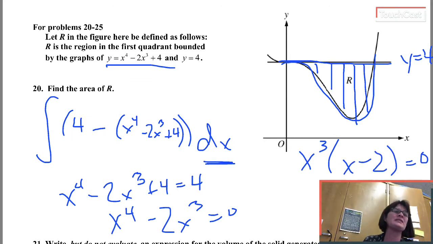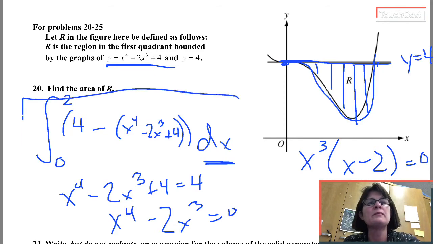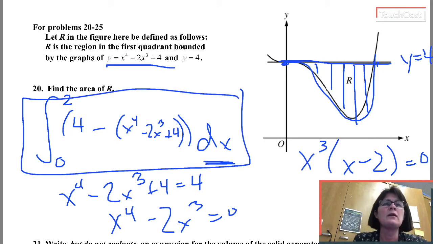That tells me x equals either 0 or 2, which matches up with my picture. So I'm going to integrate from 0 to 2. Here, not always, but I'm going to guess that they might ask you to actually integrate here. So I would simplify inside this integral and then use the reverse power rule to find an antiderivative.